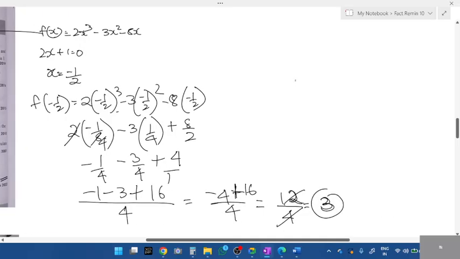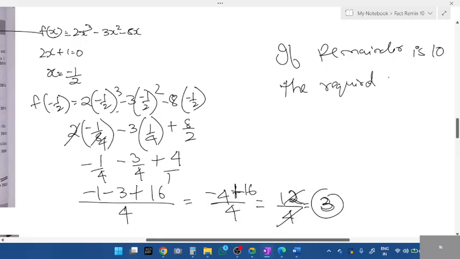So I'll tell you the calculation. If remainder is 10, the number to be added, the required number is 10 minus 3, that is equals to 7.